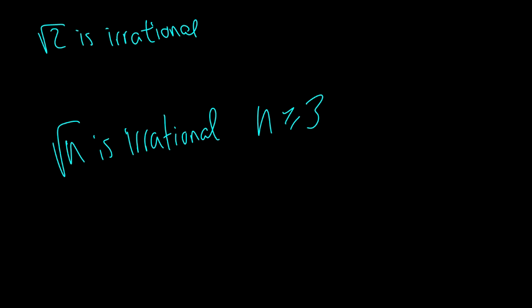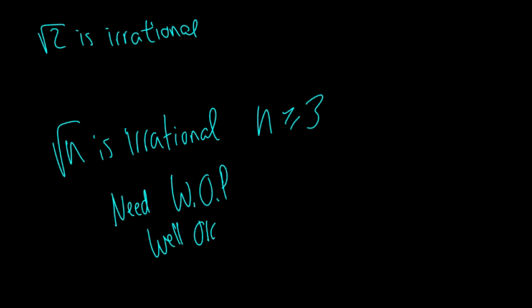In fact, what you need is the well-ordering principle, which I guess I should write out in full. It's the well-ordering principle. And that will work for proving root 3, root 5, root 7, root 11, root 13, root 17, root 19, root 23, root 29, and so on and so forth.